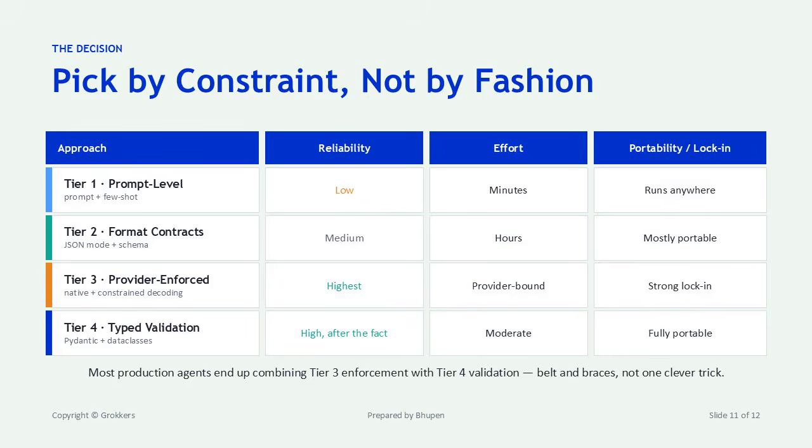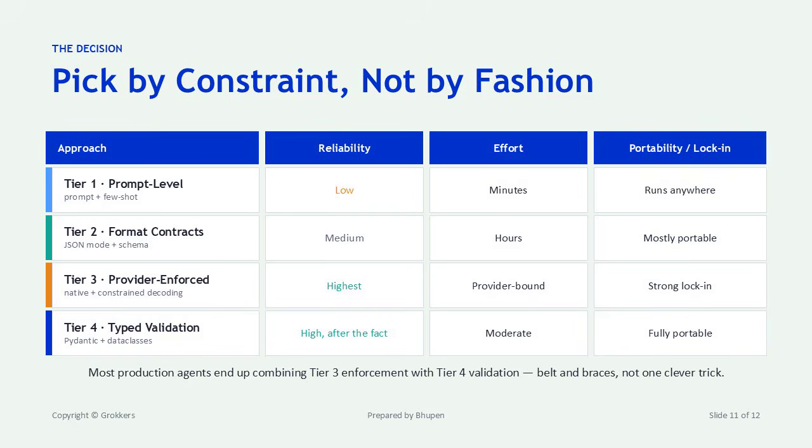Not by whatever shipped most recently, and not by whichever approach got the loudest launch post. Choose by constraint. The columns give you the 4 that matter in practice: how reliable the result is, what it costs you in effort, and how portable you stay. Tier 1 is minutes of work and runs against anything, and its reliability is exactly as low as that convenience suggests. Prototypes and internal tools, fine.